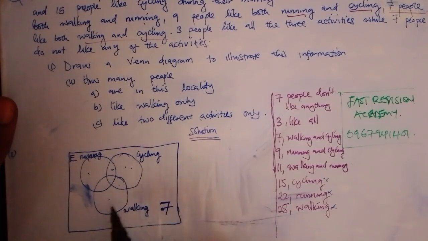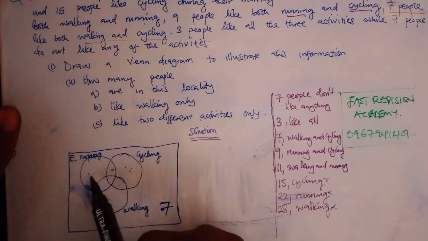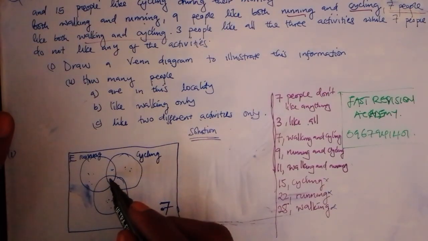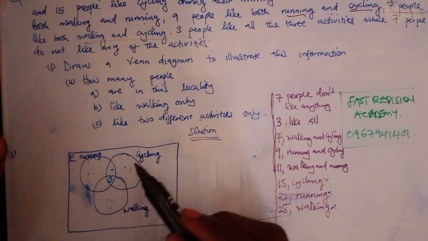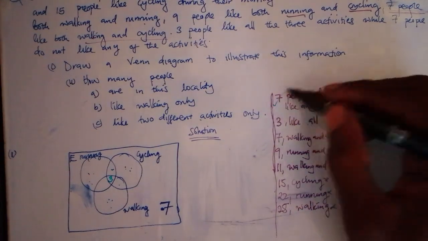This part, cycling and walking. This part, learning and walking. But this middle part contains the entire 3 sets. So meaning our 3 should go where? On this small part which has 3 sets. So once you do that, you have written your first. So meaning you have entered these 2.